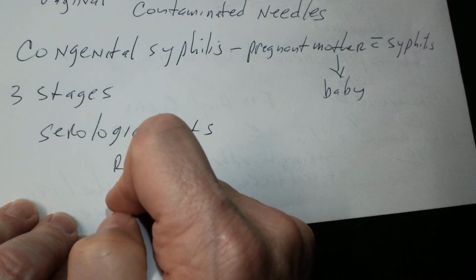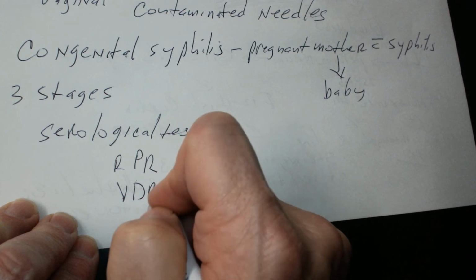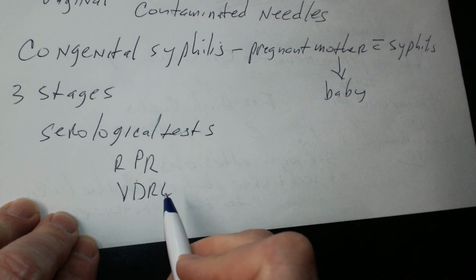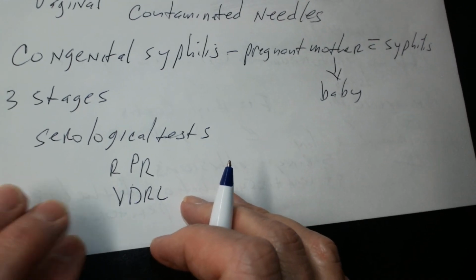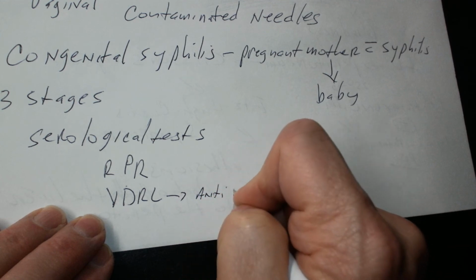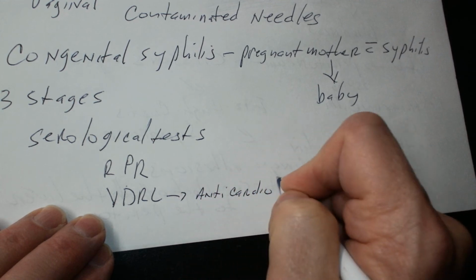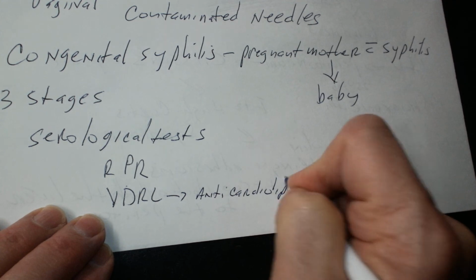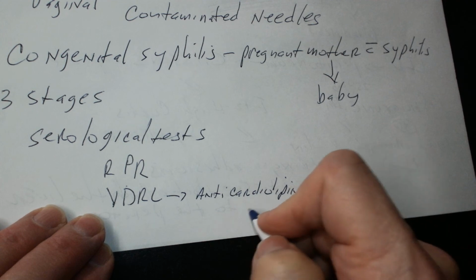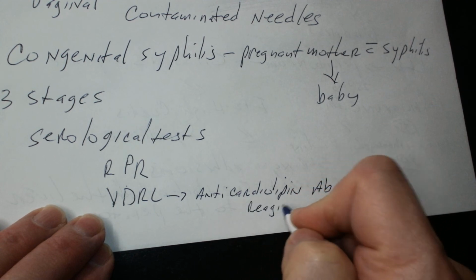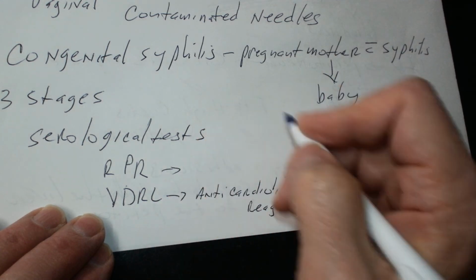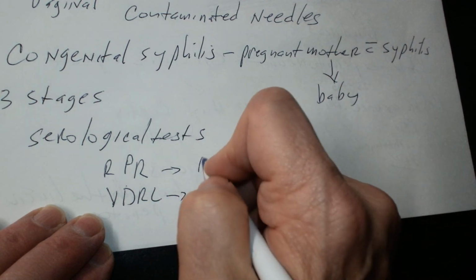Then there's also the so-called VDRL, which is the Venereal Disease Research Laboratory test. This test detects the anti-cardiolipin antibodies. These antibodies are called reagin. This also detects reagin.